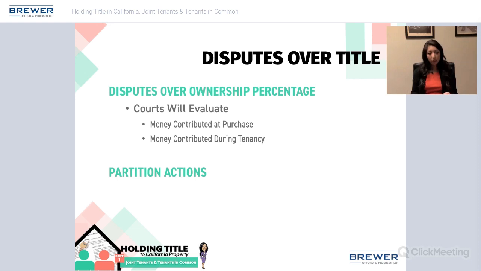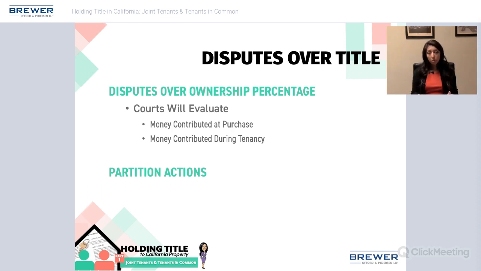Or if one party doesn't have the money and they still want to be part of the owner of the property, they might say, all right, don't put me as a 50% owner. I've only been paying 20% of the items on this property, so let's change the deed to alter our interest.